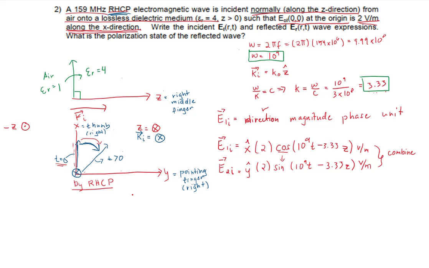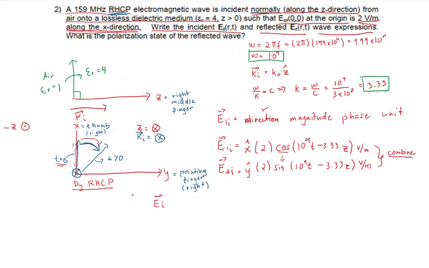Now we just need to combine these two again to form, remember we are tasked to find the incident, E sub I, and reflected, E sub r, wave expressions. So we combine these two to form our E sub I, or E incident, wave expression.